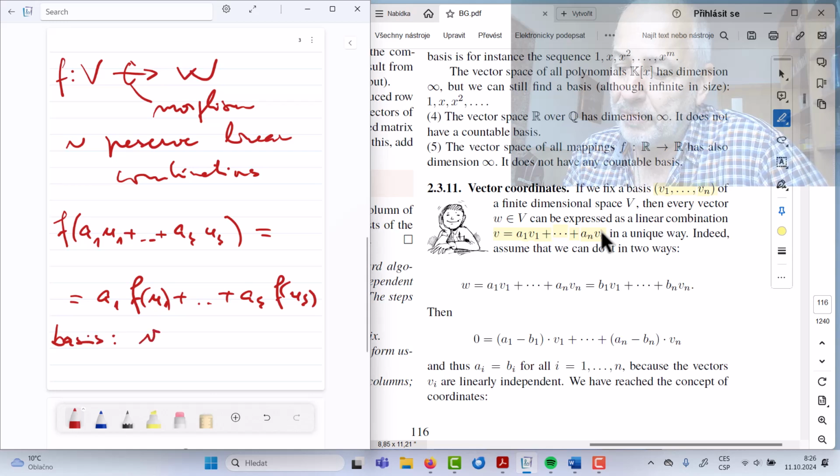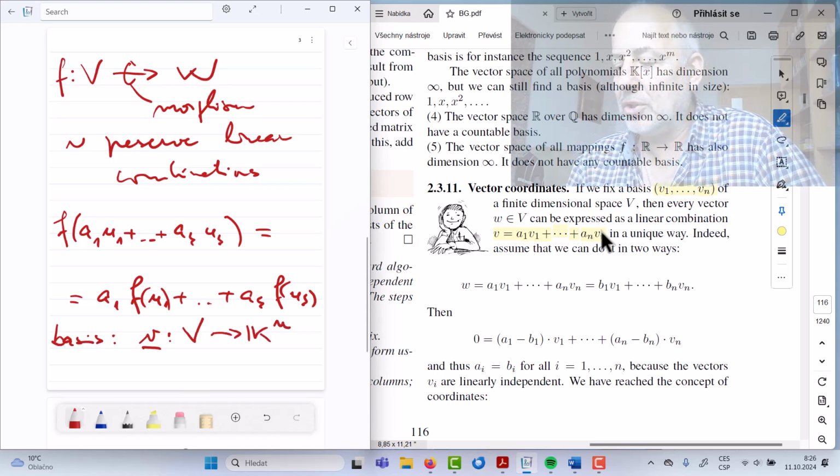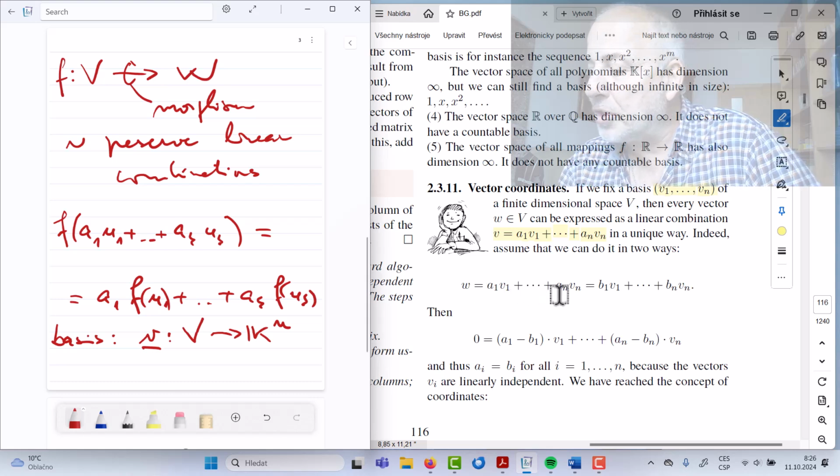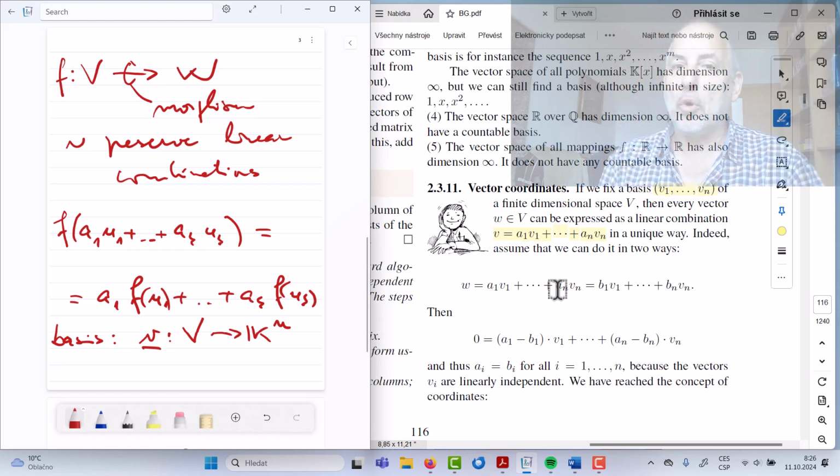It will be V underline, a mapping from V into coordinates. It's an n-dimensional space, and this is the mapping I get here. So for every vector which is expressed as a unique linear combination, I get the n-tuple of the scalars, and that's the coordinates.